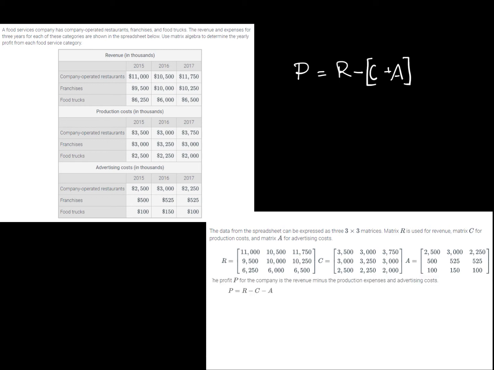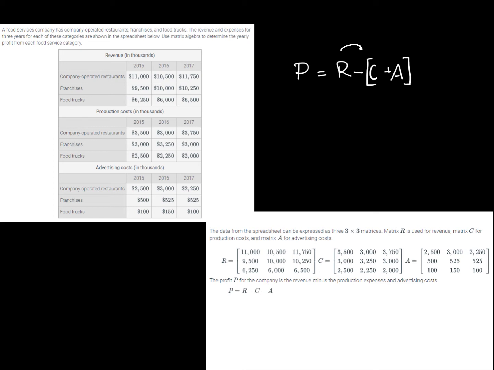Here's my equation. The profit for the company is the revenue minus the production expenses and the advertising expenses. So there's my matrix equation. Up here, I used the distributive property of matrix addition, which says that I can write a scalar times the sum of two matrices as the sum of the scaled matrices.